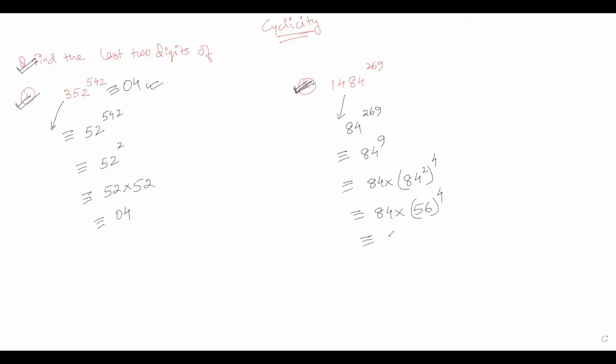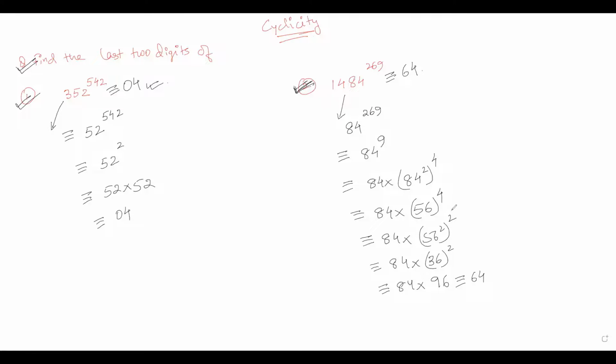Again, this would be 84 times 56 square raised to the power 2, which can be written as 84 times the last two digits of 56 square, which would be 36, and there is a square, which would give us the last two digits as 84 times the last two digits of 36 square, which would be 96. And when 84 is multiplied by 96, then the last two digits would be simply 64. So the last two digits of 1484 raised to the power 269 would be simply 64.